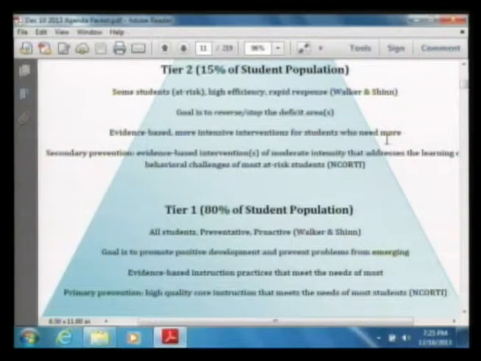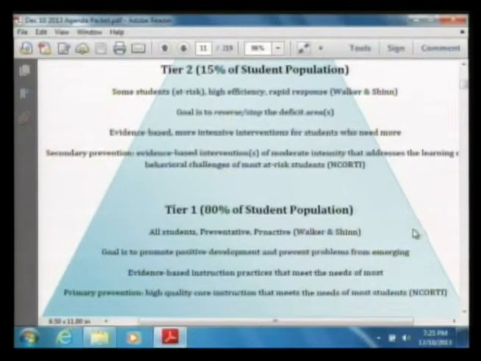When we look at the state assessments that you've seen, we're at about 70%. So we're trying to get more students to be able to reach the goals of being able to access the core curriculum without having to provide additional intensive interventions. So that is an area of focus for us, trying to see if there are areas of improvement that we would like to see within Tier 1, and we'll talk more about that later.